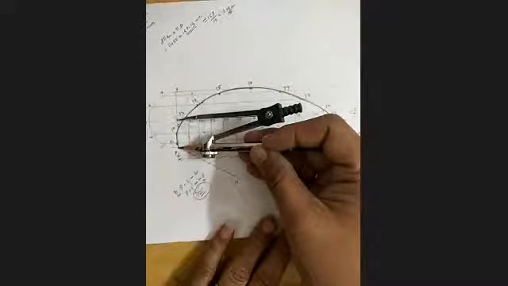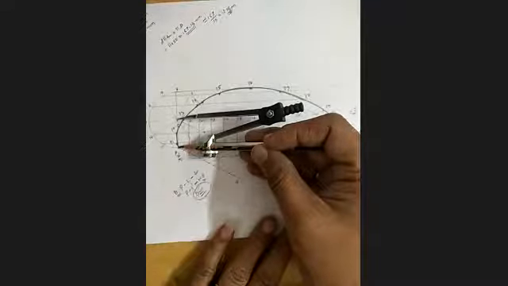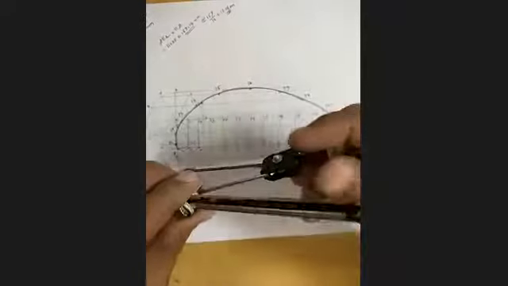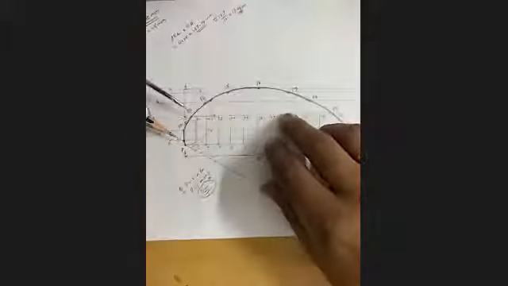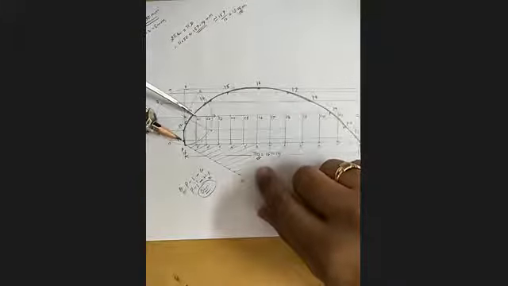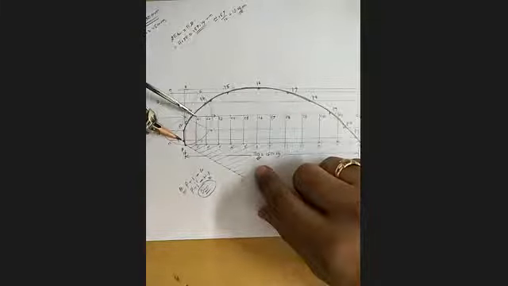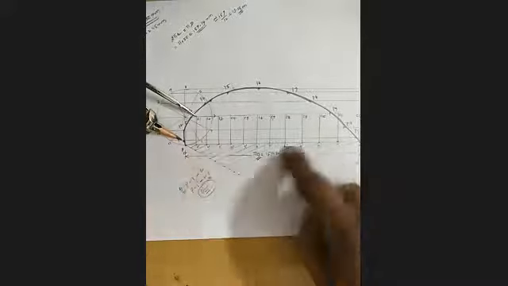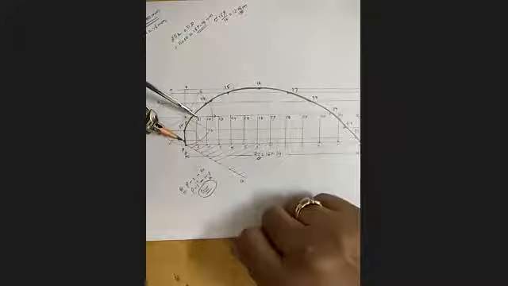Is it visible? Now C1 as a center, cut one line. It has to be visible. This 1 and 11 is one line, an overlapping line, no problem.